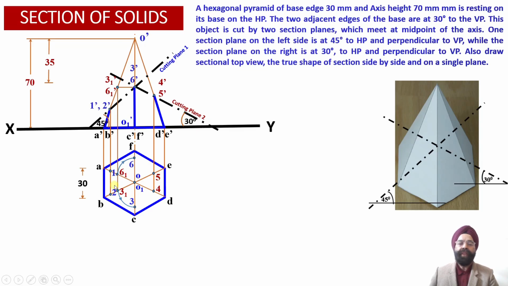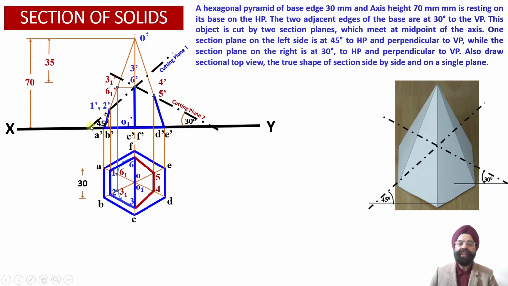So this way, all the 6 points 1, 2, 3, 4, 5 and 6 corresponding to the 2 cutting planes have been obtained. The blue one corresponds to cutting plane number 1, and the red projections have been obtained corresponding to cutting plane number 2.